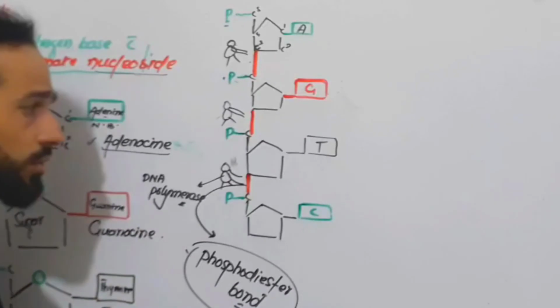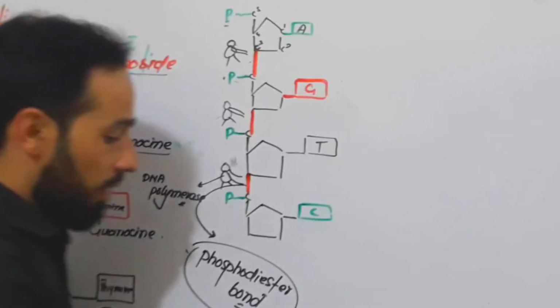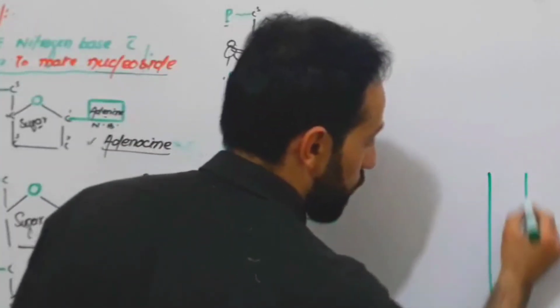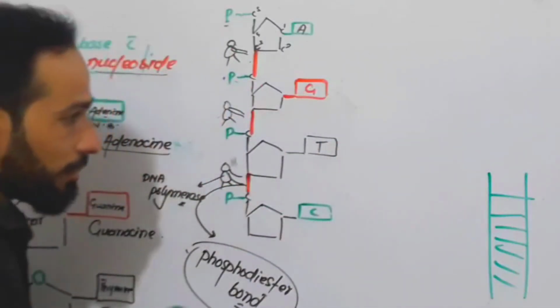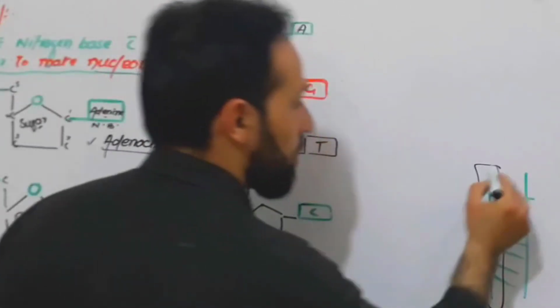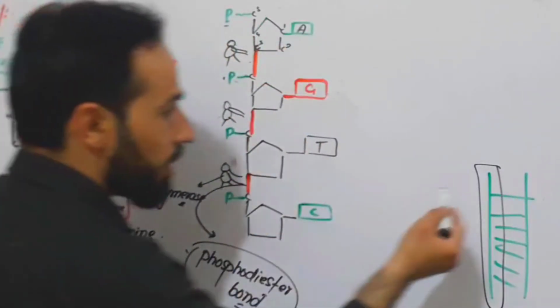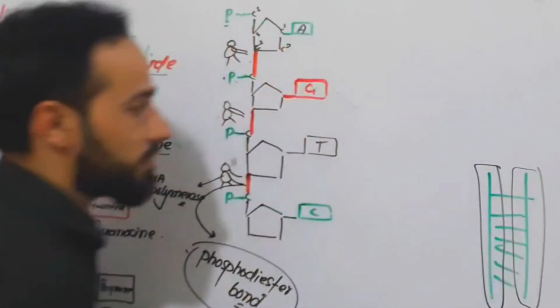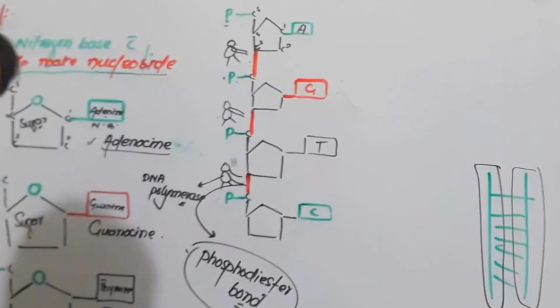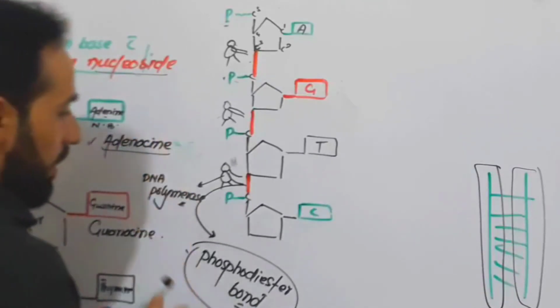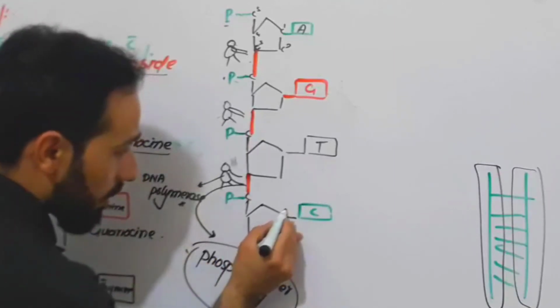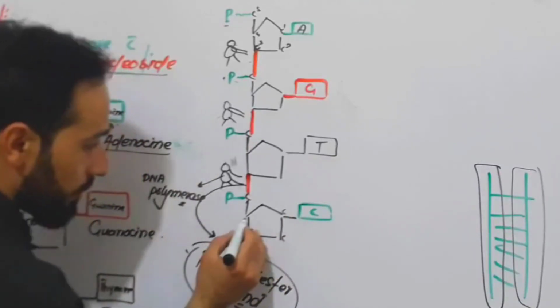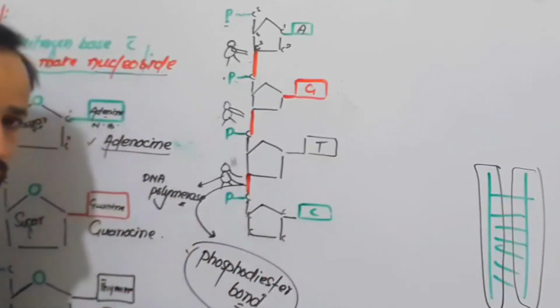Now, as you know, our DNA is double stranded like this, right? So we have made this single strand of this DNA, and now we are going to make the next strand of this DNA, right? So let's do that. Look carefully, friends. One thing I will tell you, look, here is carbon number 1, here is 2, here is 3, 4, and this is 5, right?